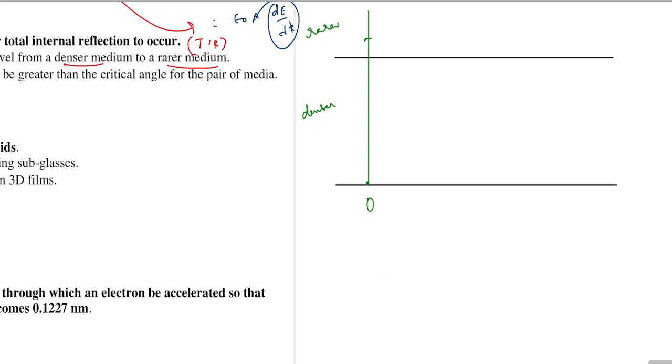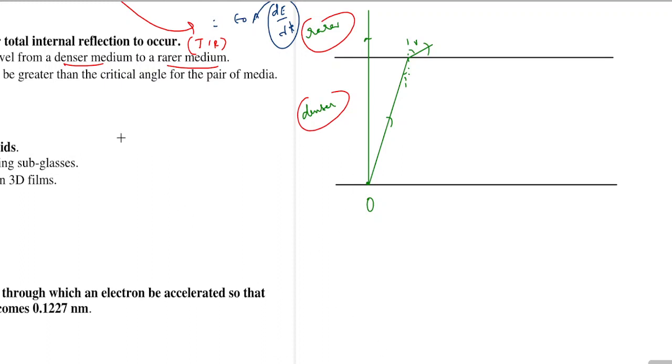If a light ray falls at an angle to the normal, this light ray would bend away and go like this. If we draw more and more light rays, as i increases, r also increases, and we know that when light moves from a denser to a rarer medium, light bends away from the normal.